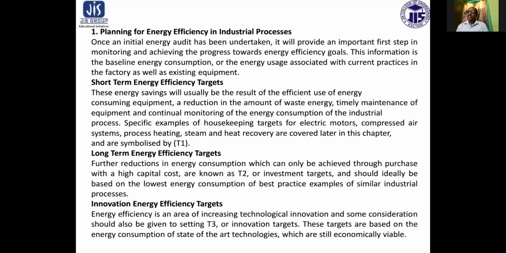This information is the baseline energy consumption, or the energy use associated with current practices in the factory as well as existing equipment. This is identified as T suffix 0, that is T0. This is the energy consumption prior to any systematic energy efficiency measures being undertaken.